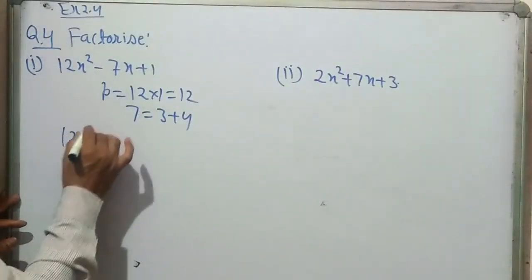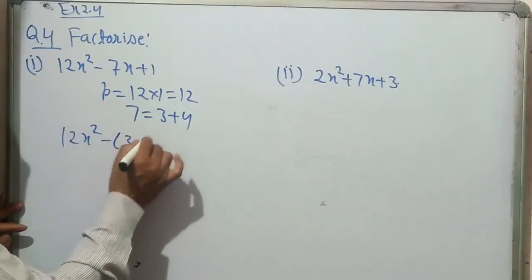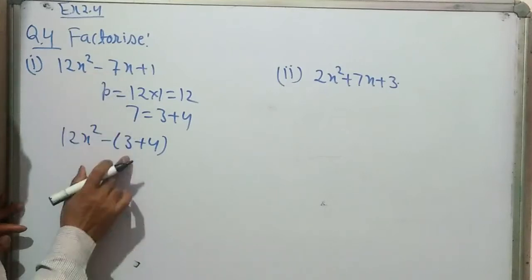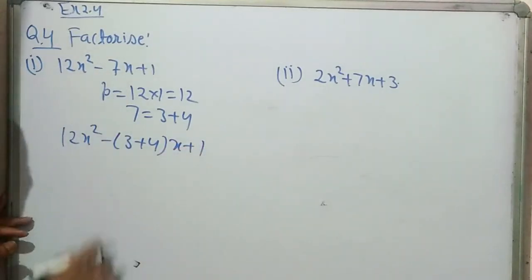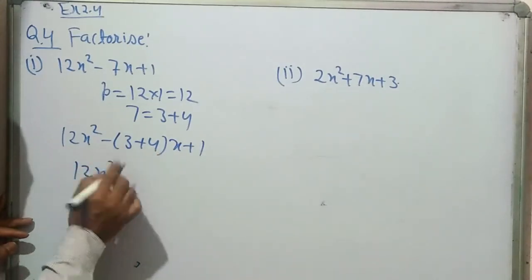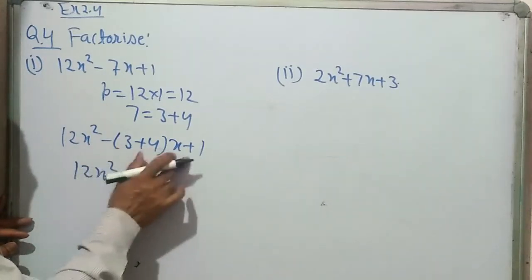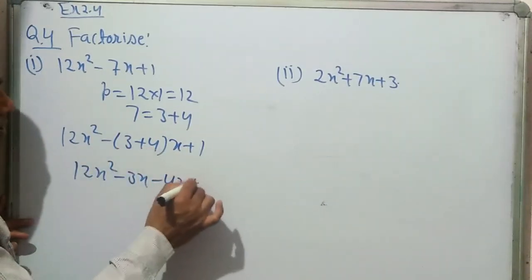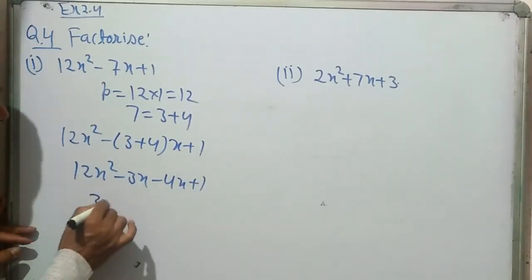We can write this as 12x square plus (3 plus 4) x plus 1. What we get is 12x square plus 3x plus 4x plus 1. Take out common 3x.